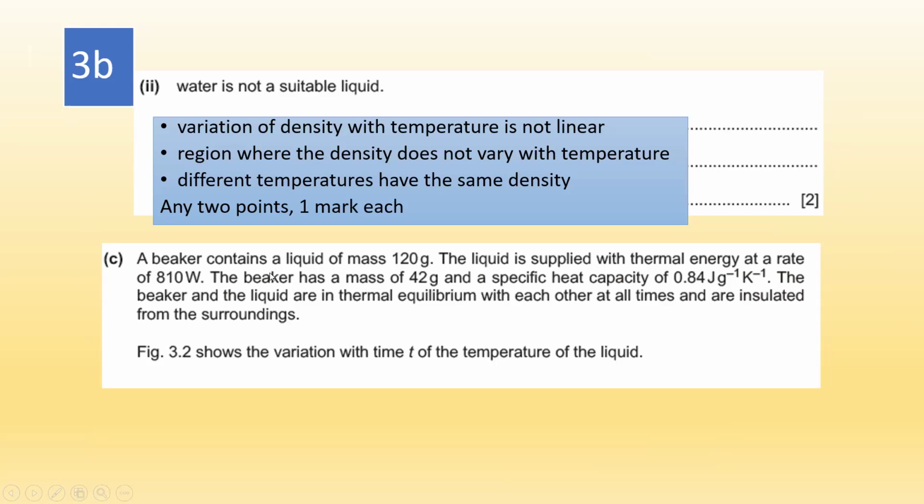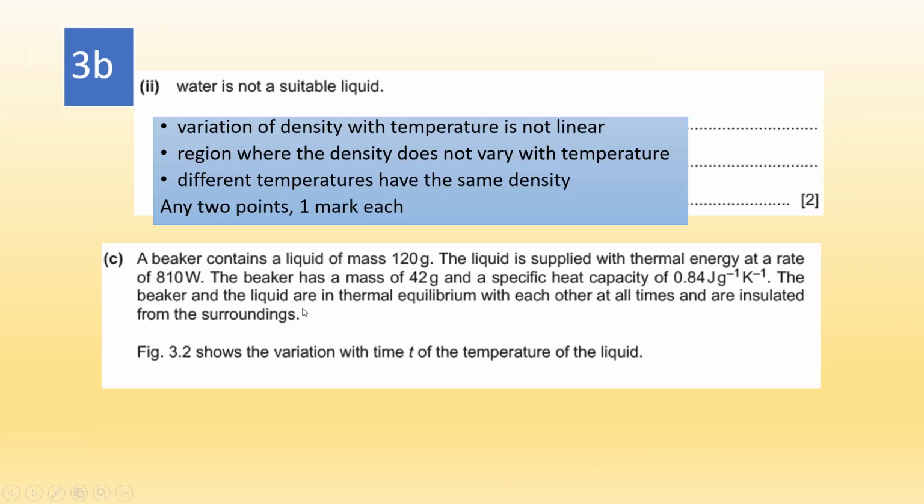A beaker contains liquid of mass 130 grams. The liquid is supplied with thermal energy at a rate of 810 watt. The beaker has a mass of 12 grams and specific heat capacity of 0.84 joule per gram per Kelvin.